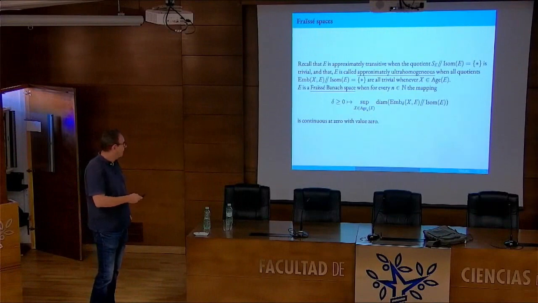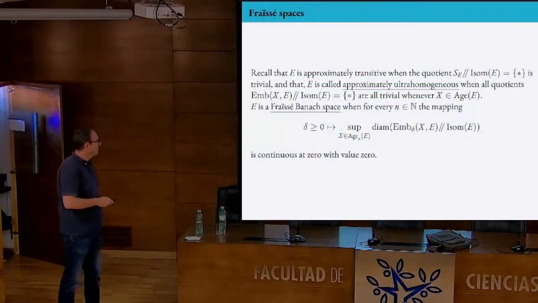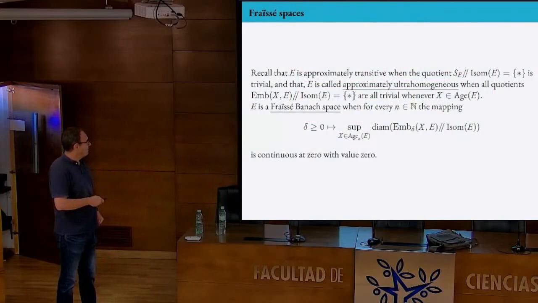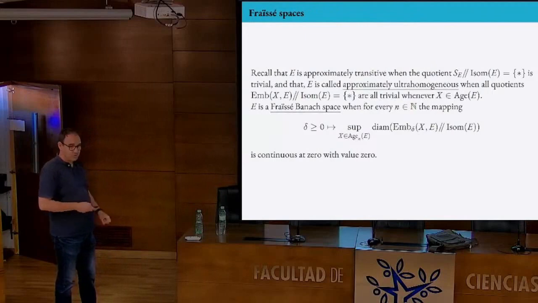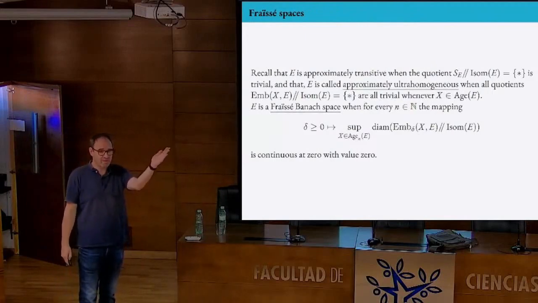So here I have this formula, so let us analyze. There is this quotient here, of delta embeddings, and now I allow to move one delta embedding to another delta embedding, if I can, by an isometry.